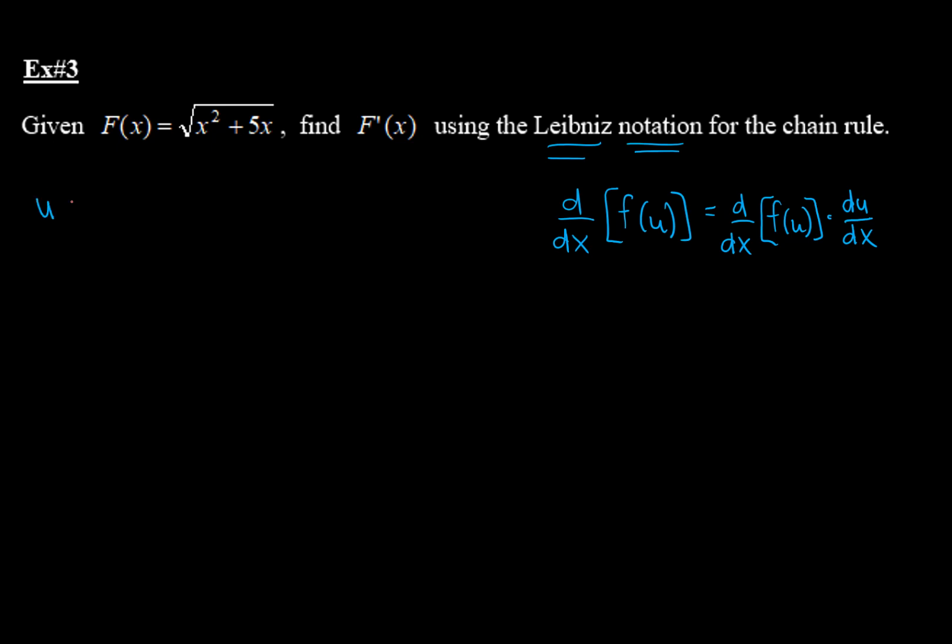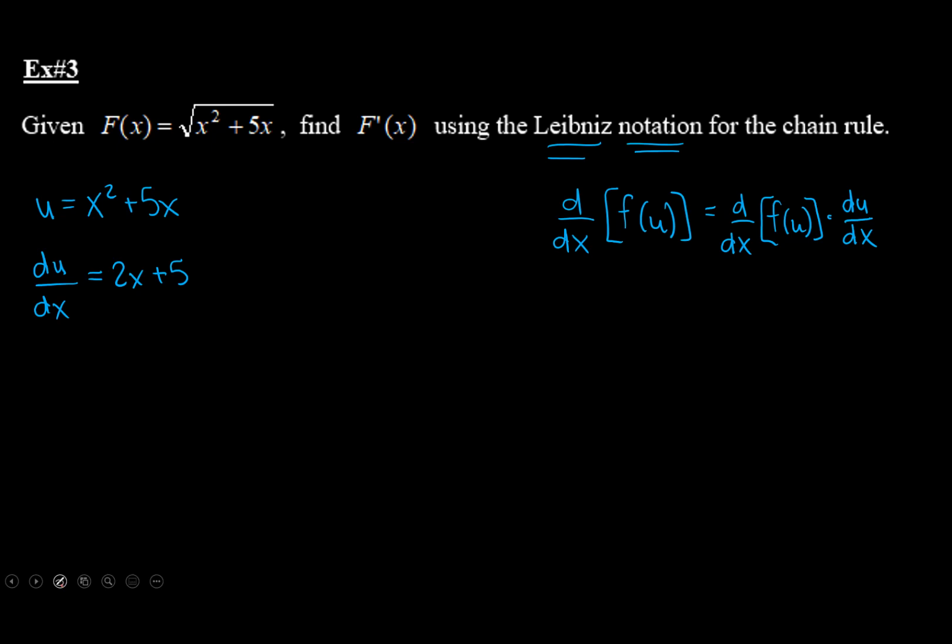So the first thing I'm going to do is define the inside of the square root sign as u equals x squared plus 5x. And then I'm going to take the derivative of u with respect to x, and that's going to give me the derivative of this x squared plus 5x. So I've got 2x plus 5.